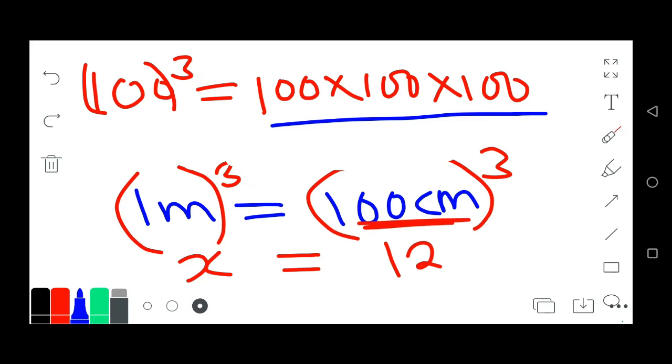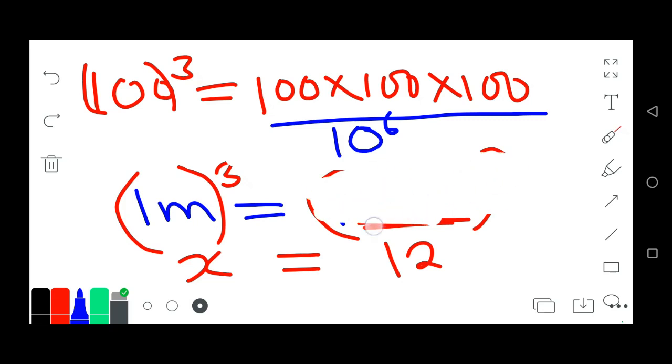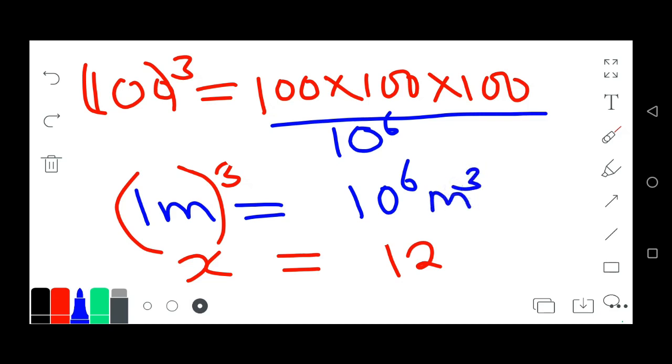So now this can be simplified as how many zeros? 6 zeros. So it will be 10 to the power 6. So I can remove this part. This part is going to be 10 to the power 6 meters cubic.